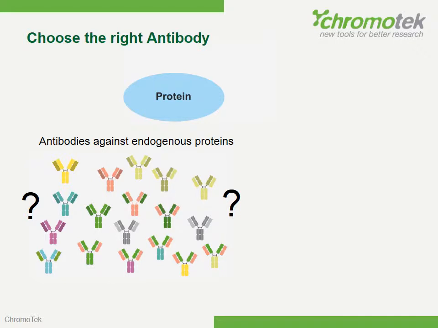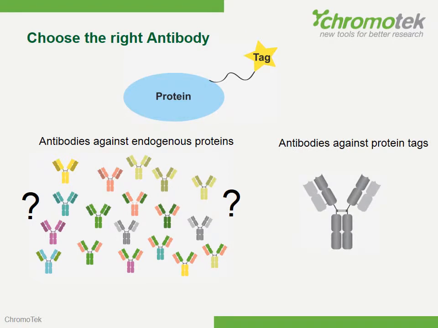And if it is possible for your application, you might fuse your protein of interest to a protein tag. Then you know at least that your IP can work in principle and that the antibody is not the problem if your IP is not working. And you can concentrate then on all other parameters for optimization.